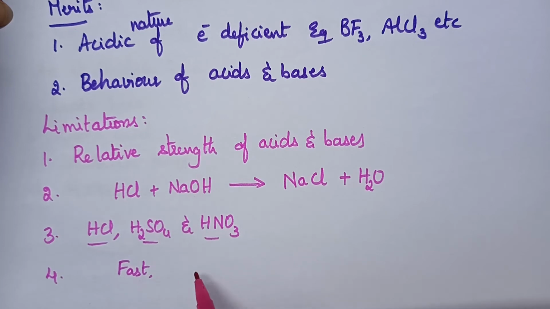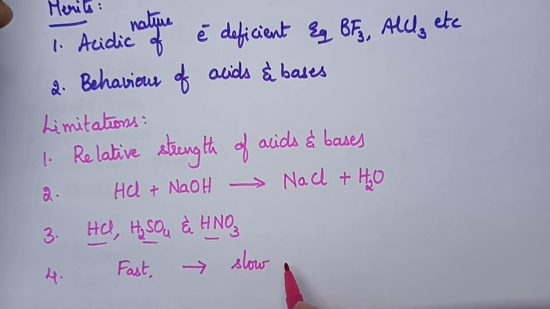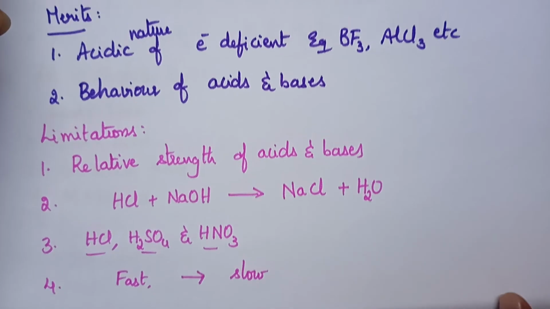But the Lewis acid-base reaction involves the formation of a coordination covalent bond and hence Lewis acid-base reactions are very slow, which is against the simple acid-base reactions. So these are the limitations of Lewis theory of acids and bases.